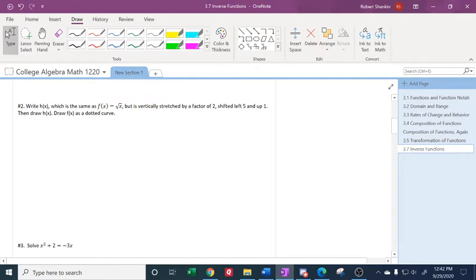Okay, so f of x is going to kind of be your reference, and then h of x will be the main thing that you're drawing.